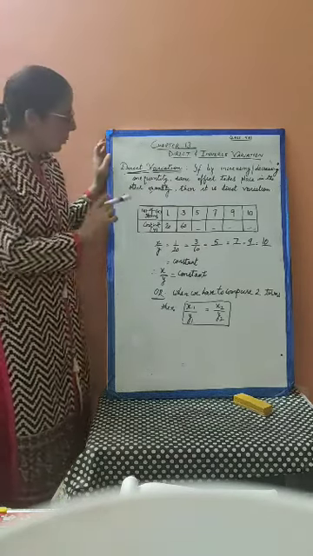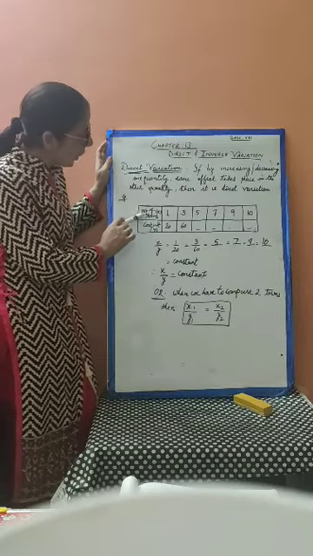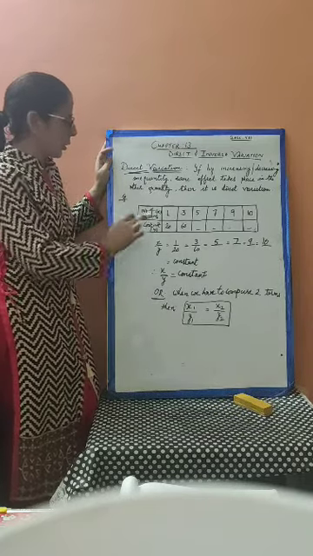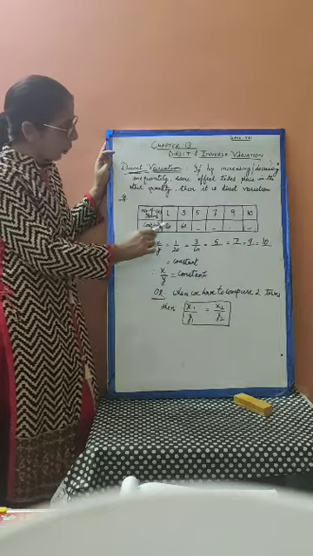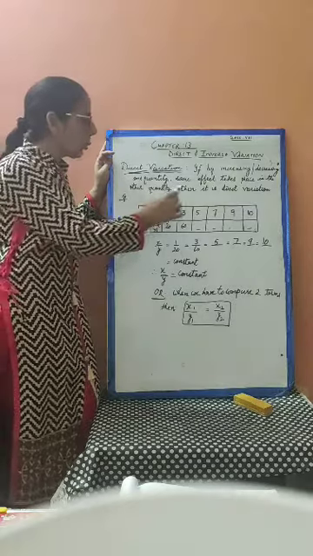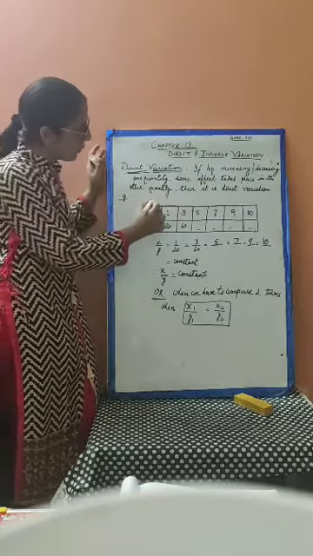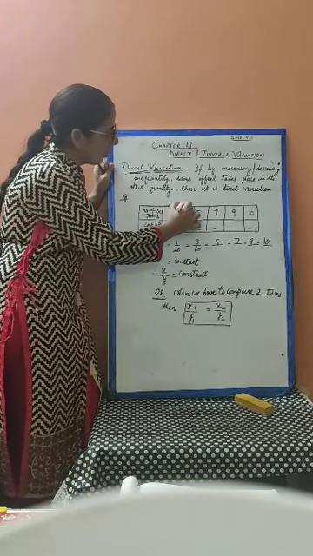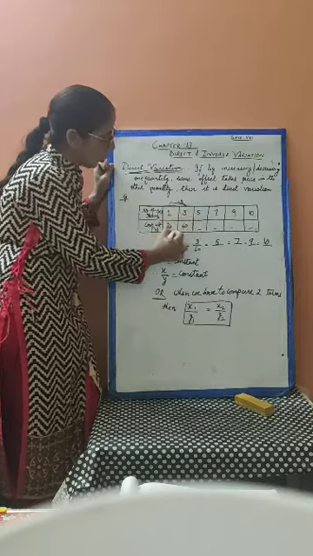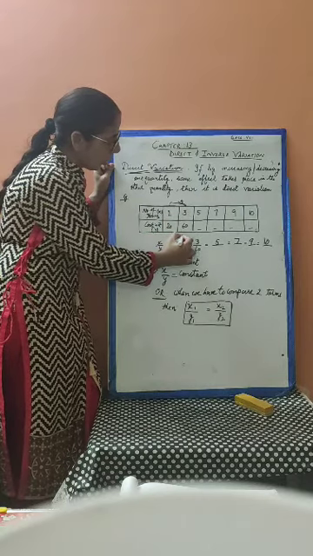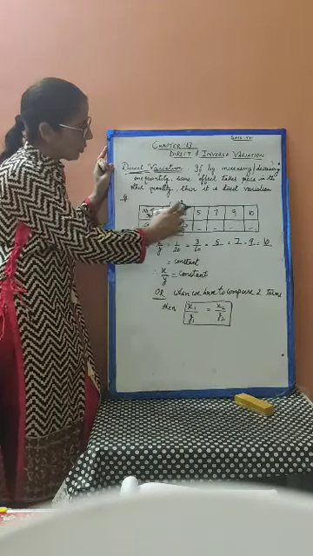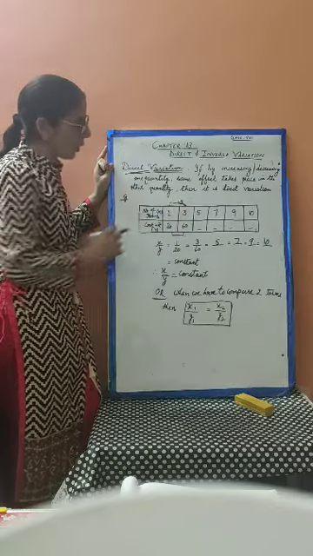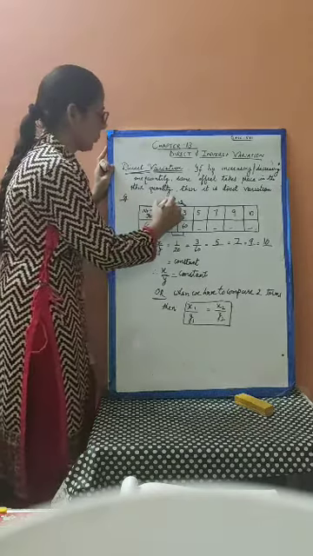Let us see here. I have written the number of items and cost. If one item costs rupees 20, what will be the cost of 3 items? Here there is a change of 1 into 3, so what will be the change in the cost? One item costs rupees 20, so 3 items will cost 60 rupees.